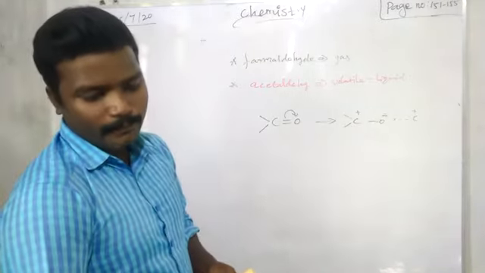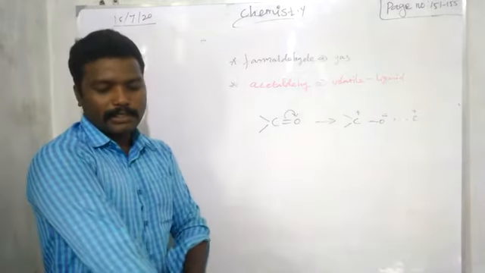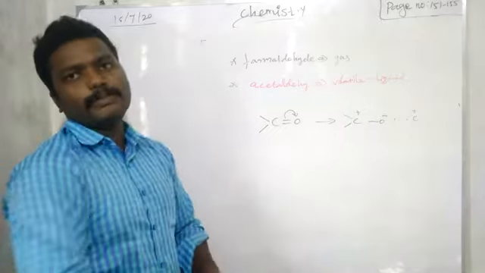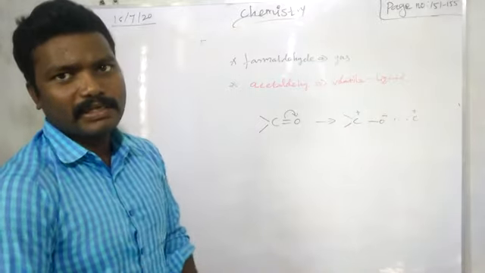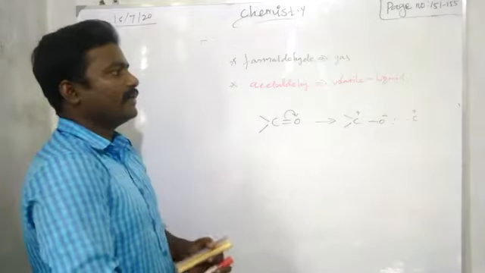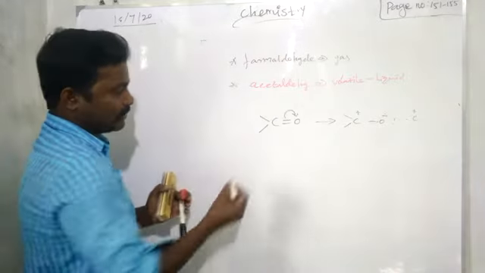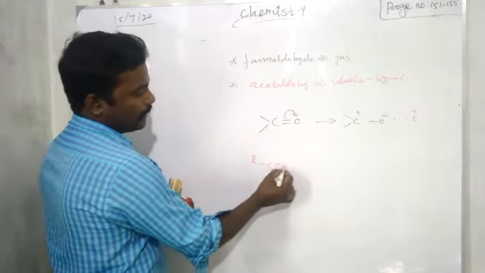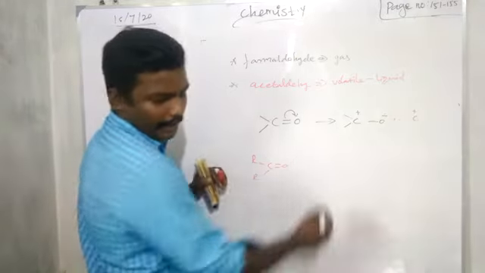Low members like formaldehyde, acetaldehyde, acetone are miscible. Low members means with 1 carbon, 2 carbon. Aldehydes and ketones will dissolve, but high members will not dissolve. Low members will dissolve because of hydrogen bonding. Okay. For example, R C double bond O R, then another aldehyde.